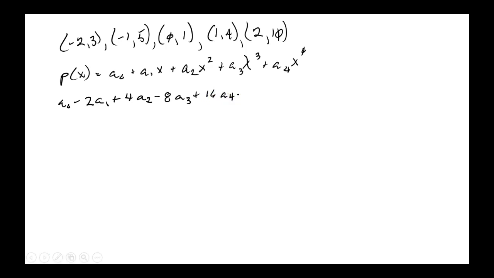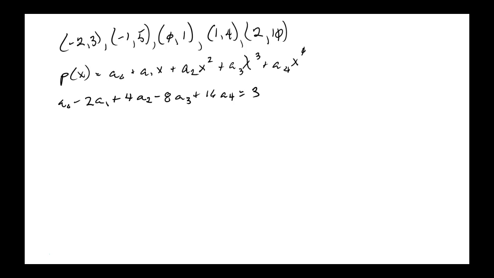See what I've done there? Equal 3. Okay? Plugging in the x's here, x is minus 2, plus 4, minus 8, plus 16: the square, cube, and fourth power of minus 2. And that gives us the coefficients for our parameters here.